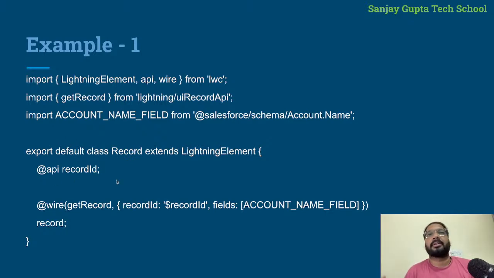So when we implement this component completely, we need to place it on the account record page. The account record that you view, that account record's ID will be available in this record ID variable automatically. And based on that, the data will be fetched and it will be available in this record property. And this record property we will be using in the HTML.